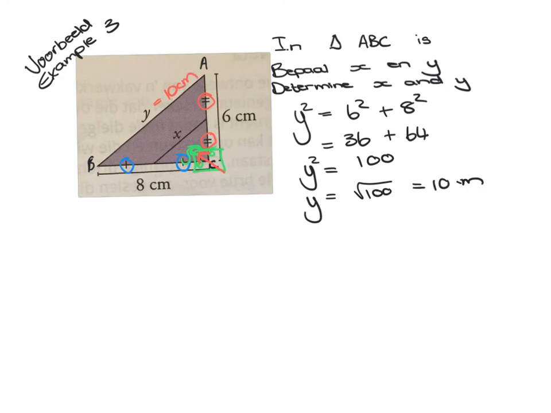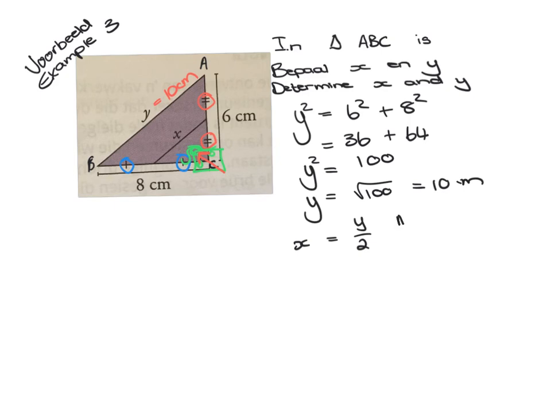Now, x, we know that x is equal to y divided by 2. How do we know that? X is equal to y divided by 2, because of the midpoint theorem: both sides are equal in length where it is cut by the x line. In other words, this one and that one are equal in length, and that one and that one are equal in length. Because these two are the same lengths, this one is half that one's length.